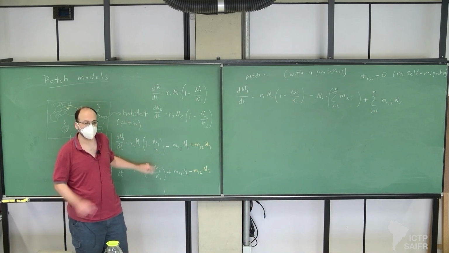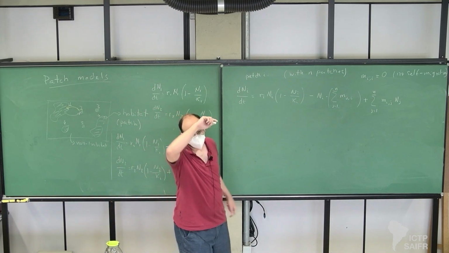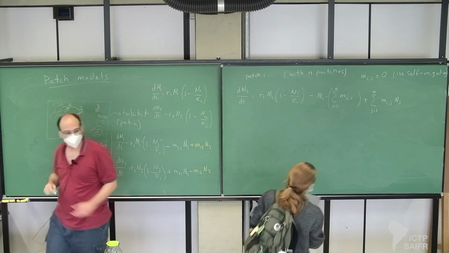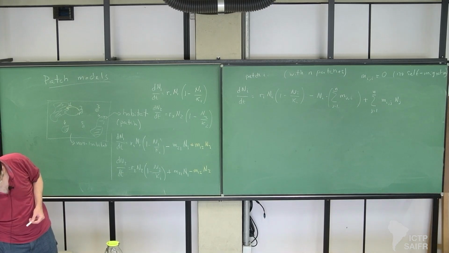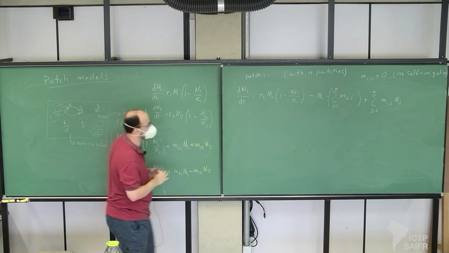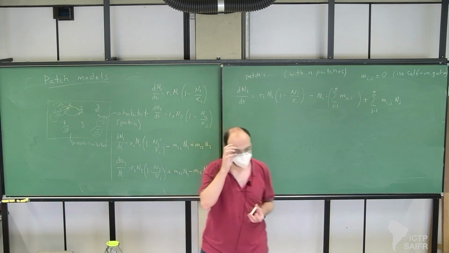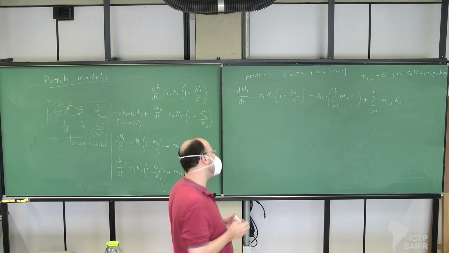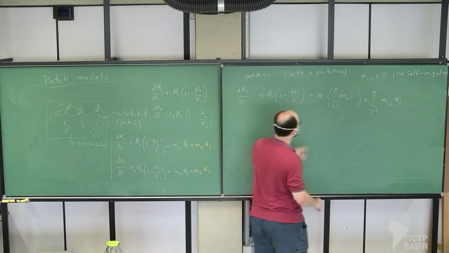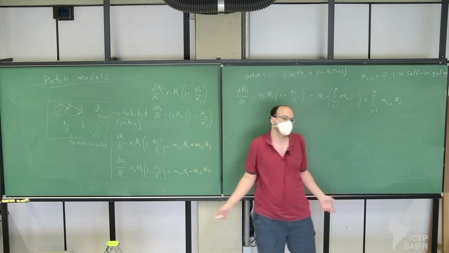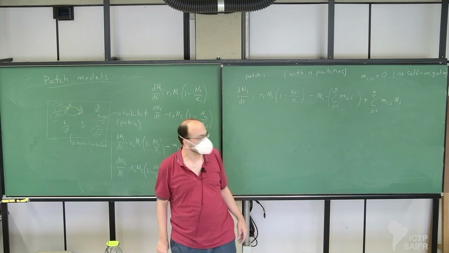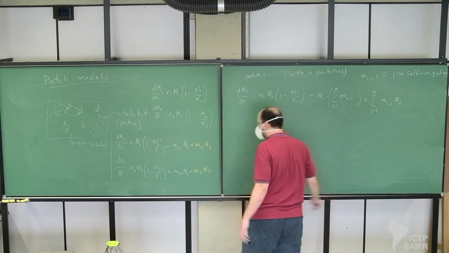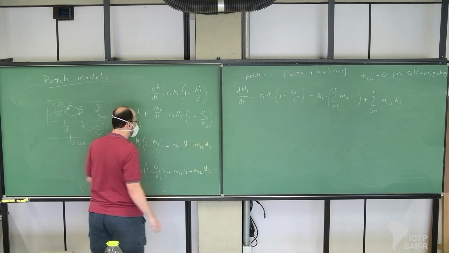Question? But in the end of the day we are subtracting and adding n_ii, so it doesn't have to be 0, right? Yeah, that's true. It could be any value and it would cancel out. But I like to put it to 0 because sometimes you want to do the stuff with the mortality.